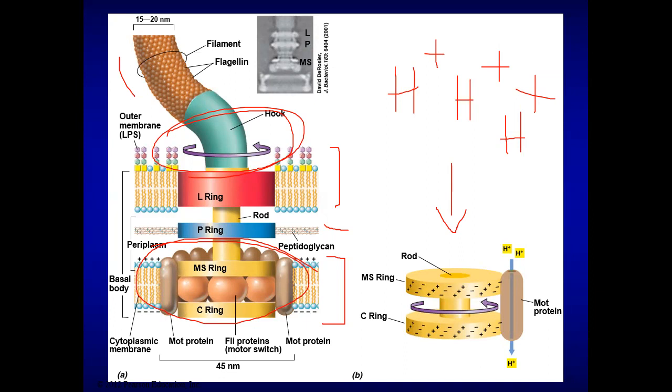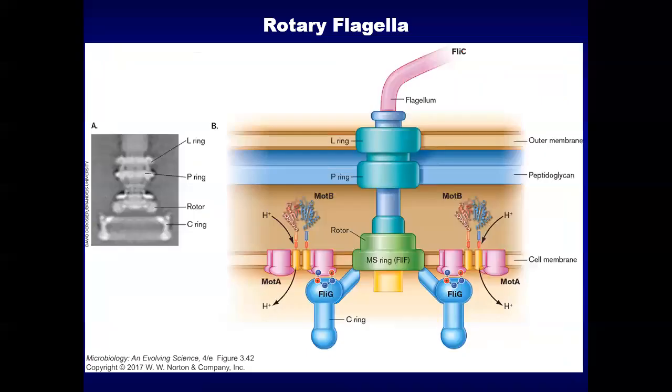Because that's a pretty significant way for bacteria to be able to move in a directed manner. Your book shows this one, which is good. Basically the same thing, just not as big, but pretty much everything is the same. So if you like this one, that's fine to study off of as well.